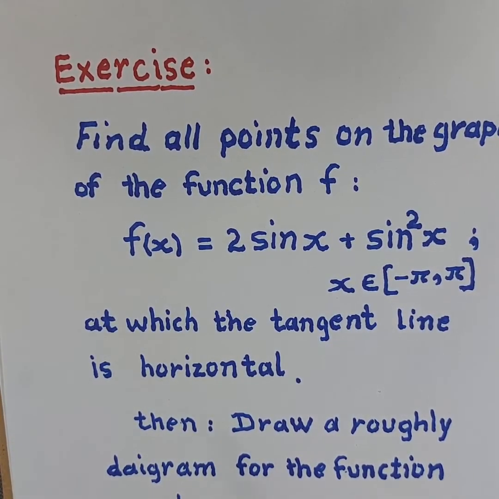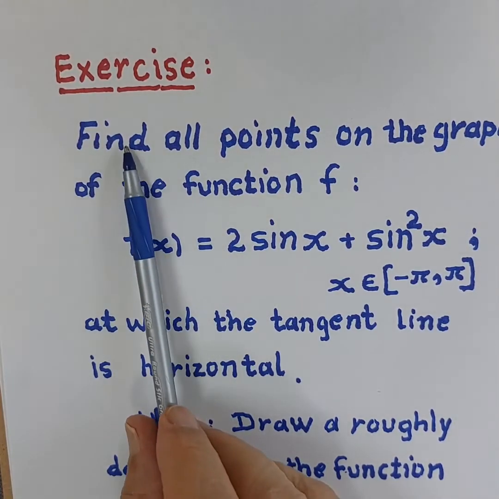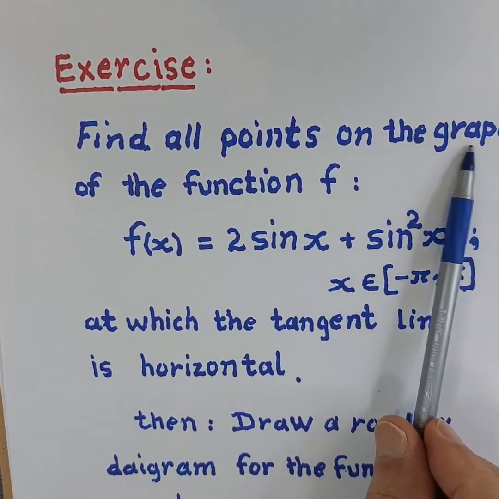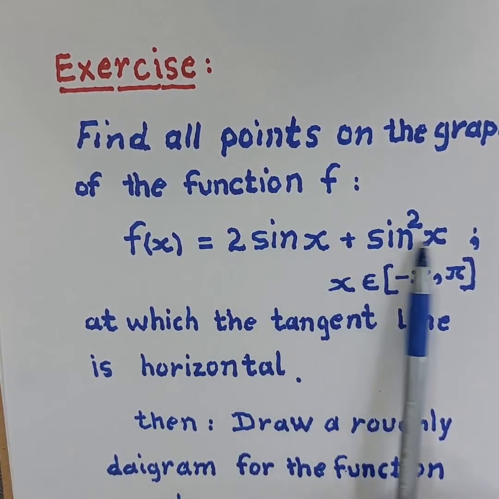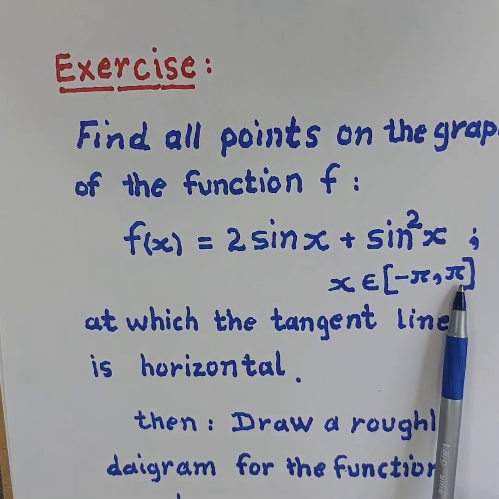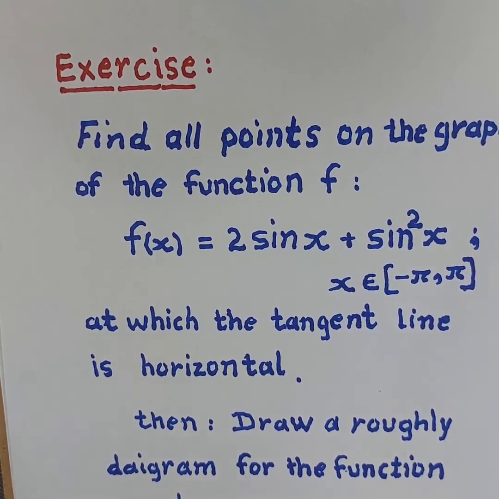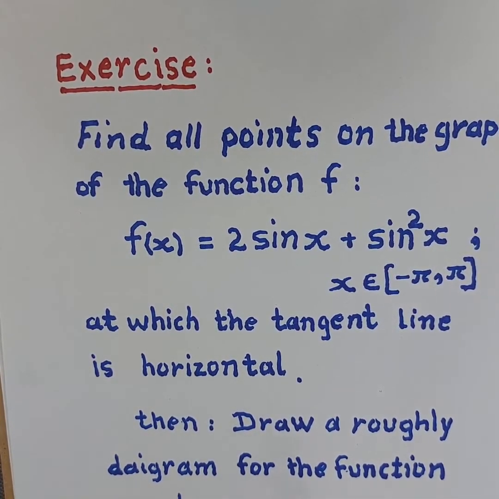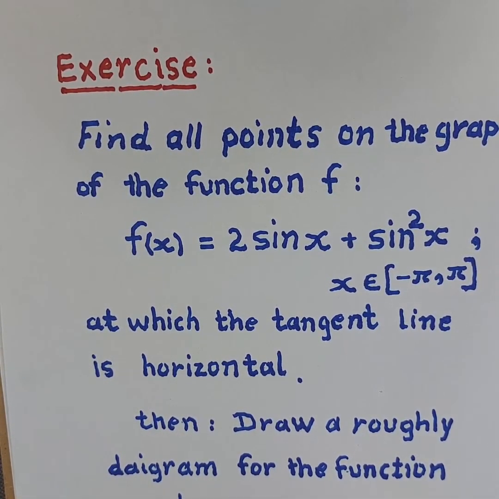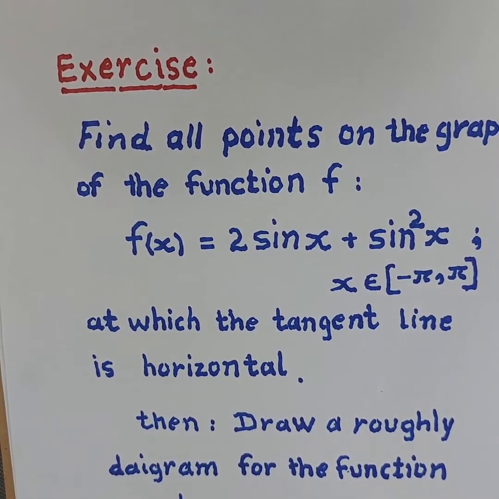To take a look again at the question, it said find all points on the graph of the function, this function, during this period with this condition. We found already the values of x, so we need to find the values of y for each point.